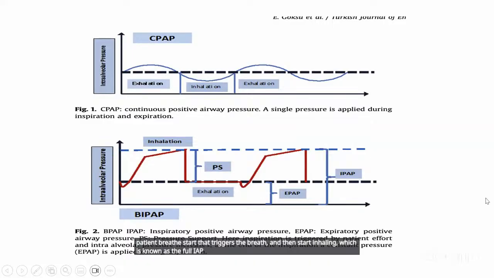So the patient takes the breath and then the IPAP pressure is provided, that is the total inspiratory pressure, and then exhalation takes place at the constant EPAP pressure. So exhalation takes place at the same level of EPAP at all times, and inspiration takes place at the highest IPAP which we provide.